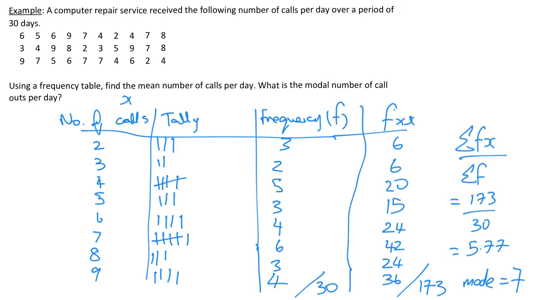There were 2 3s, and they add together to give another 6. The 5 fours add together to give 20. So really the frequency tells us how many of each number of calls we're going to add together. So rather than doing it in a big long list, by multiplying and then adding the fx's, that tells us what their total is.